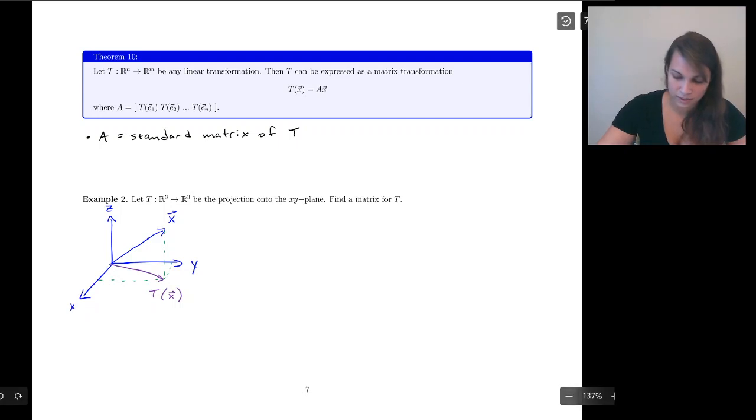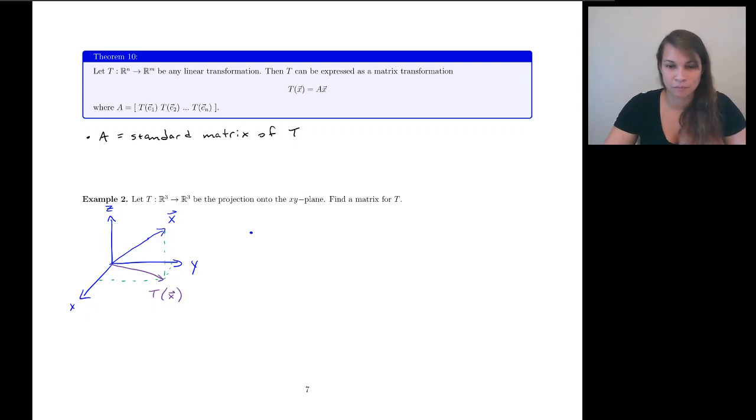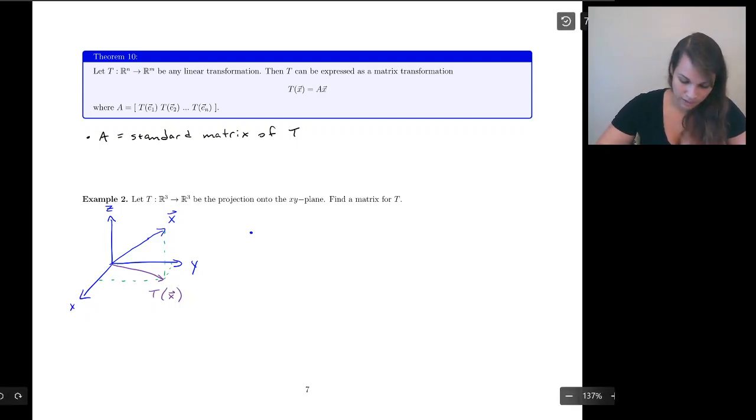So what do we want to happen? Well, what happens component-wise? What happens to the x component? Does it change? No. The x component of the vector that we put in is going to be the same as the x component for T of x.